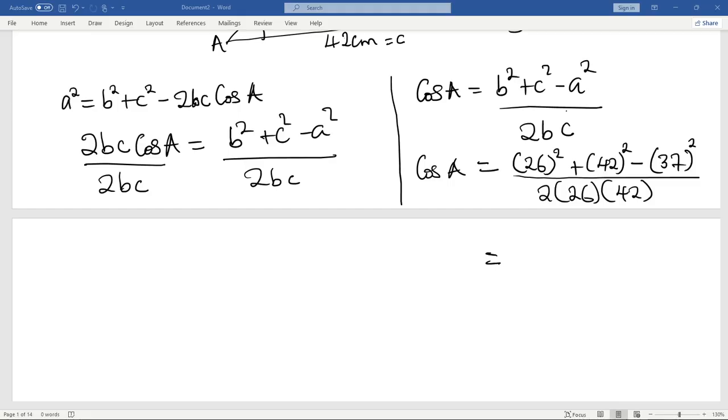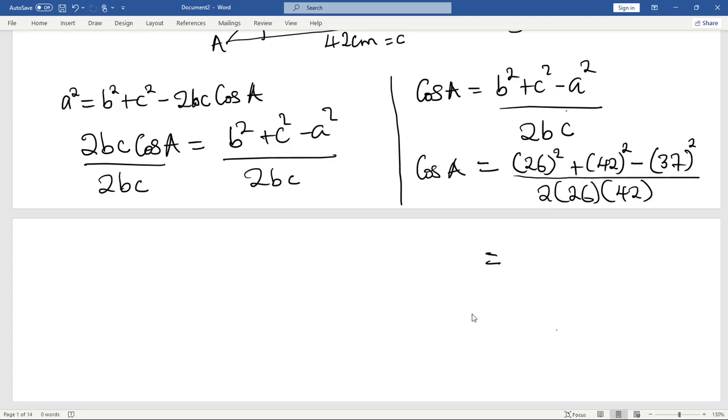So let's go ahead and punch this. So 26 squared plus 42 squared minus 37 squared.